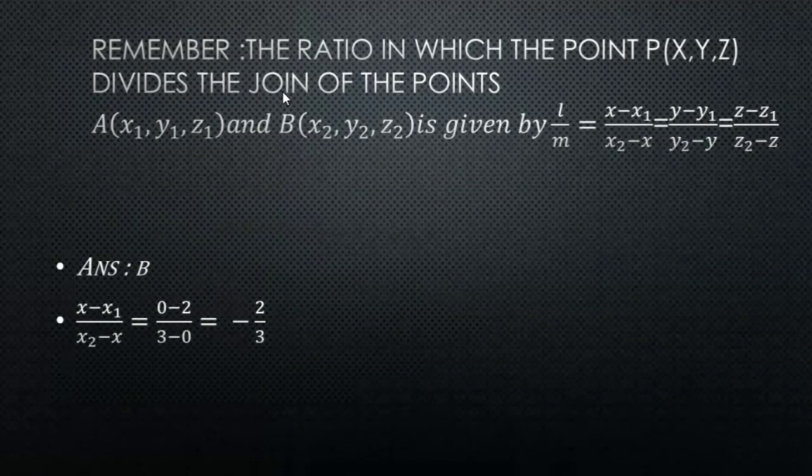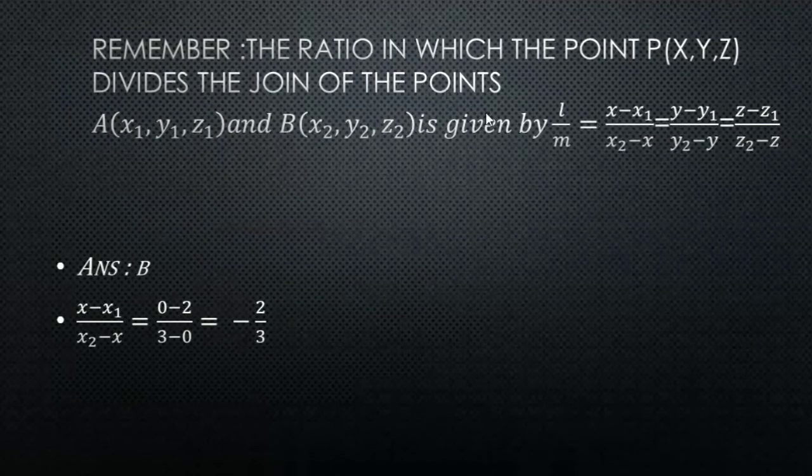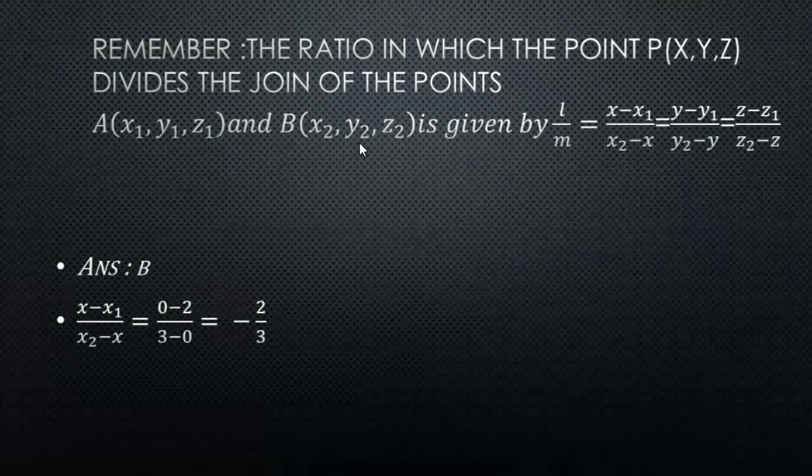The ratio in which the point P of x, y, z divides the line joining the points x1, y1, z1 and x2, y2, z2 is given by L by M. There are three formulas, so you can use any one: x minus x1 divided by x2 minus x, or y minus y1 divided by y2 minus y, or z minus z1 divided by z2 minus z.